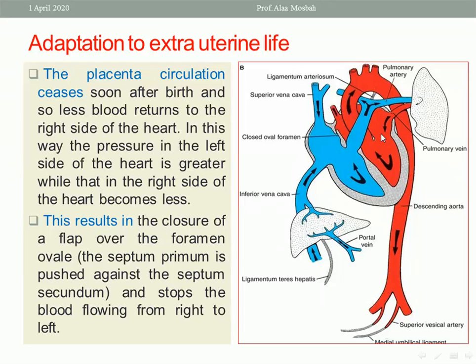So the left atrium pressure becomes higher than the right atrium, which will help closure of the foramen ovale: the septum primum is pushed against the septum secundum, and this closes the foramen ovale. So no more shunt between right atrium and left atrium.